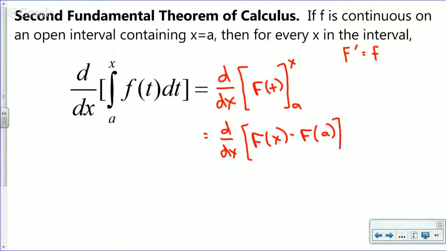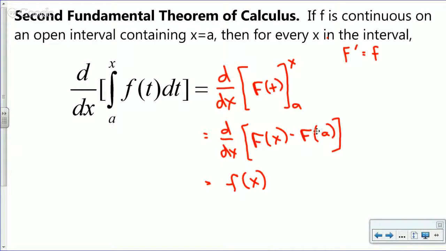Okay, we're almost there. All right, now I want to take the derivative of this expression. Remember, the difference rule tells me I can take the derivative of this minus the derivative of this. Okay, well, the derivative of capital F is equal to what? Just little f, right? So my first piece is just little f of x.